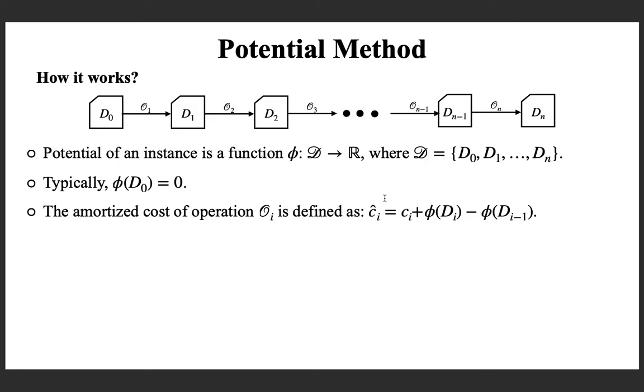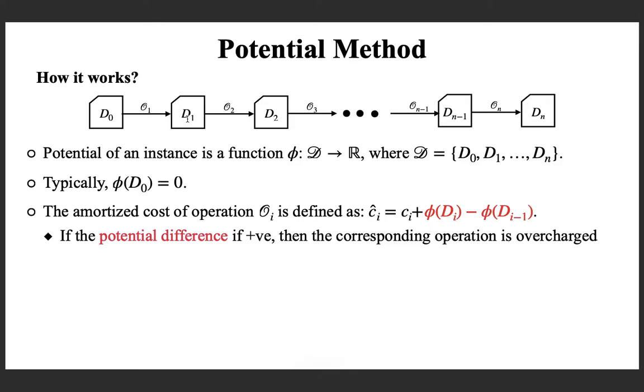So, the amortized cost of an operation is the actual cost plus the potential difference between the current instance and the previous instance. If the potential difference is positive, then the amortized cost will be the actual cost plus a positive value, and hence the operation is overcharged and the potential gets increased because the new potential is more than the previous potential of the data structure.